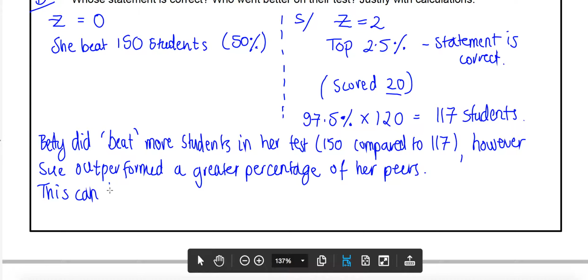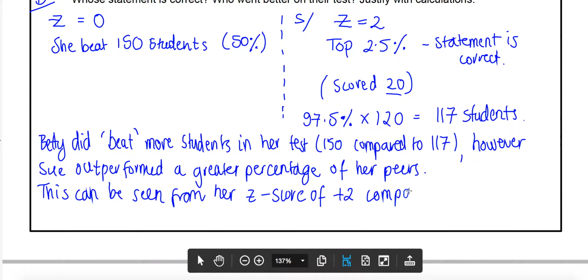This can be seen from her Z score, because that is what we're using as the comparison, of positive 2 compared to Betty's Z score of 0.